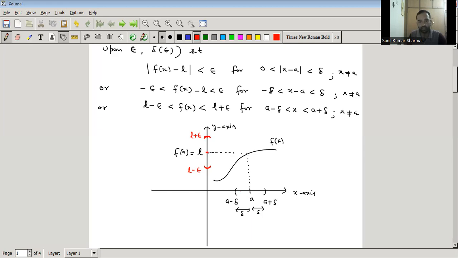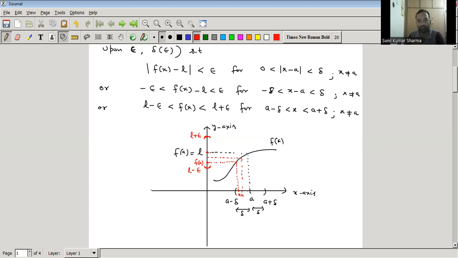Now if I take x to be here, if I take the left hand limit, right? Left hand limit means when we take any point to the left of a, if my x lies here, then according to this, the function lies in this interval, that is L minus epsilon to L. So f(x) is greater than L minus epsilon and less than L. So if I take x to be here, then f(x) goes towards L. The distance between f(x) and L is less than epsilon.